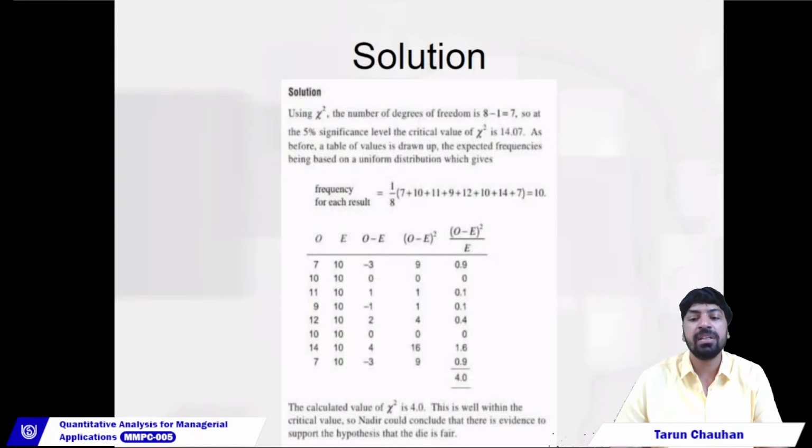That means we can conclude that there is evidence to support the hypothesis that the die is fair.